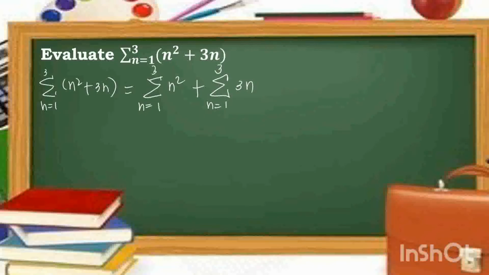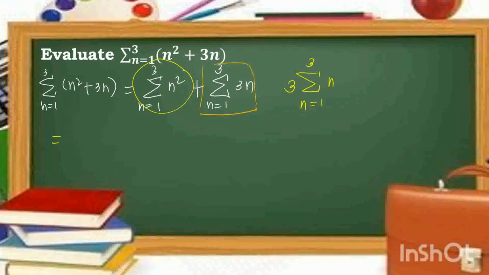And here we are again. We are given this sigma notation. So for our second rule for sigma notation, we will just multiply the constant with the summation of n as n goes from 1 to 3.